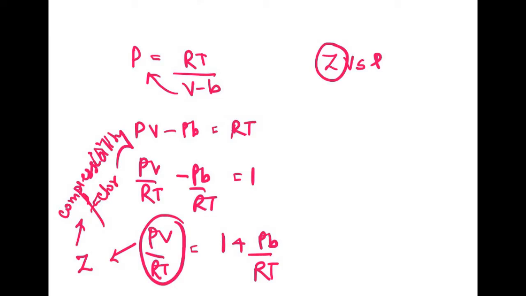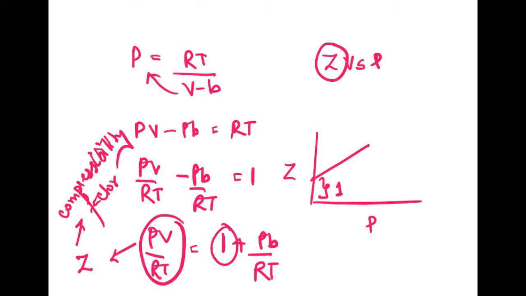Now, if we plot this Z versus P, 1 would be our intercept, and our slope would be b by RT. We can see the slope is directly proportional to b, and b is our volume factor, correct? So the gas having the greater volume will have a greater slope.